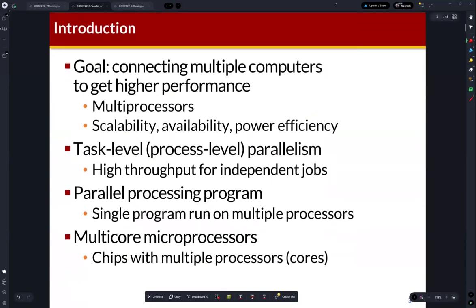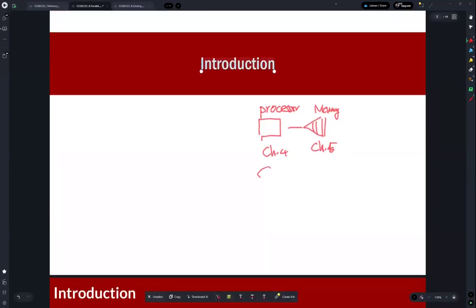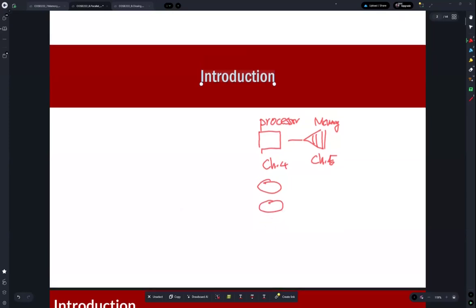But how can we implement a parallel computer system? I mentioned that in a parallel computer system, we can run multiple tasks concurrently at the same time. So how can we implement these parallel systems? Obviously, we can increase the number of cores.